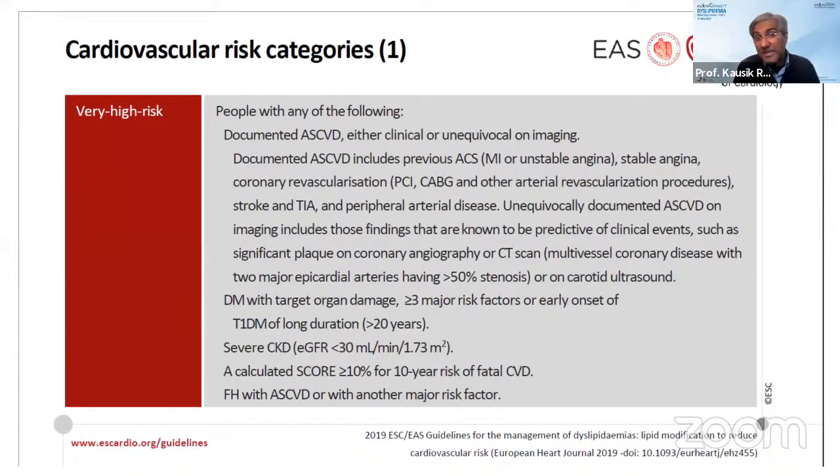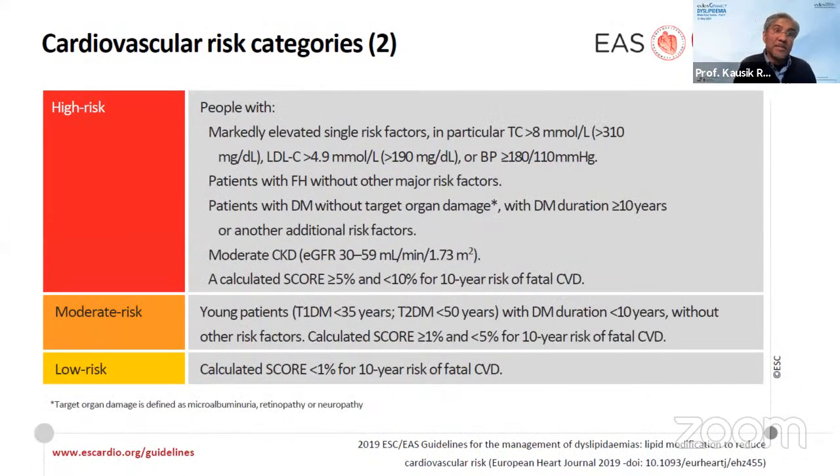Otherwise, you basically have small amounts and combinations of different things that put your 10-year risk of dying above 10%, or you've got familial hypercholesterolemia and another factor. And if you then move to the different risk categories, there are no patients now in these categories with established disease. So they're all some form of primary prevention.